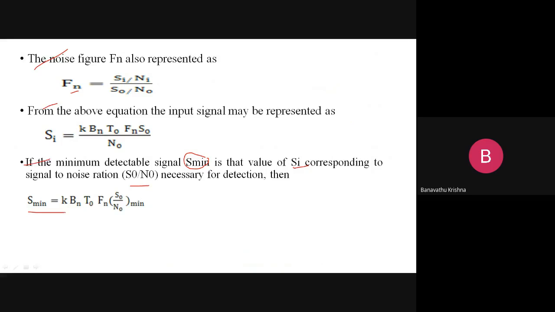Then Smin equals k Bn T0 Fn (So/No) minimum. So here, instead of Si, we replace with So/No.